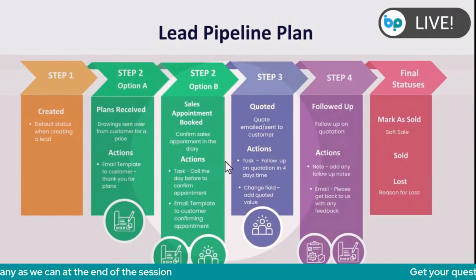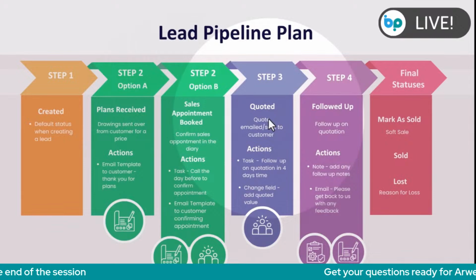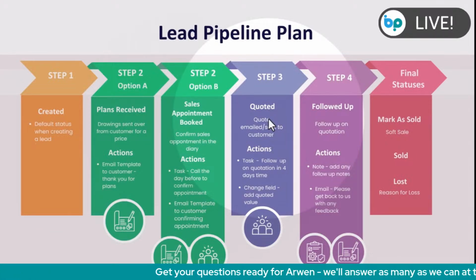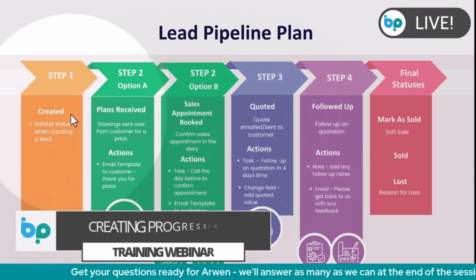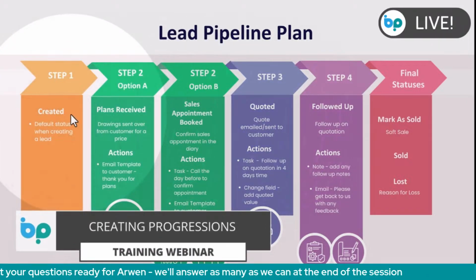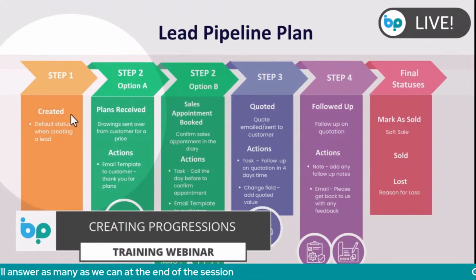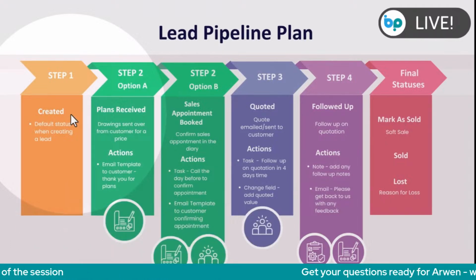Now that I know what statuses I need from within my pipeline, now I start thinking about my progressions. Now, what this means is I need to start deciding where does the process begin, what statuses should follow, and what options would I like to be available to me at each stage.